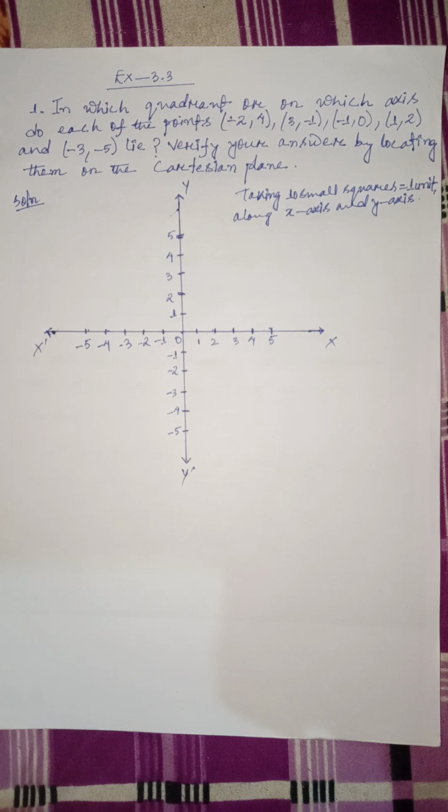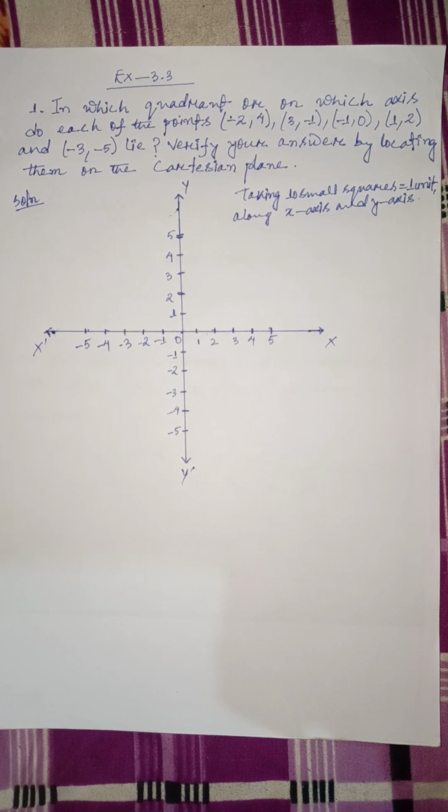Now by seeing the questions, what is written in this, we came to know that the question has asked us to plot each of these points in this Cartesian plane, and after that identify in which quadrant it lies, and how we get this point in this Cartesian plane. That's what the question has asked us.